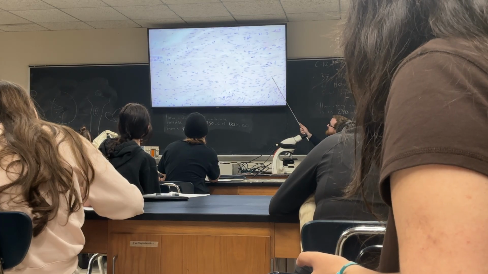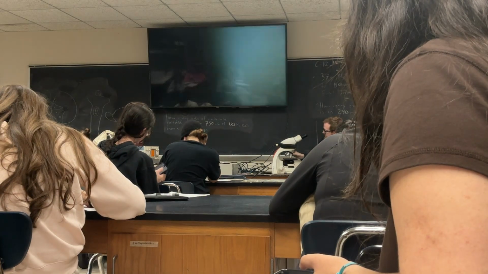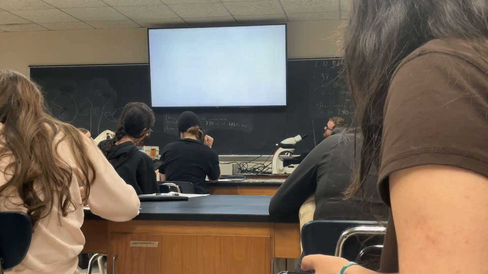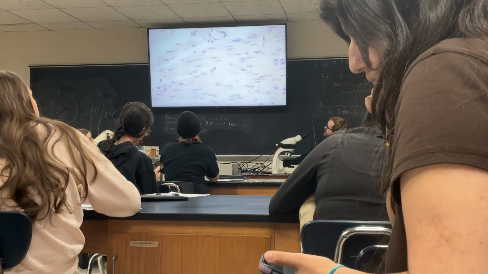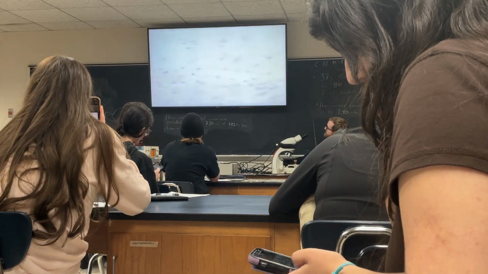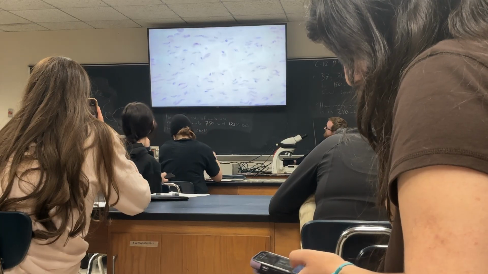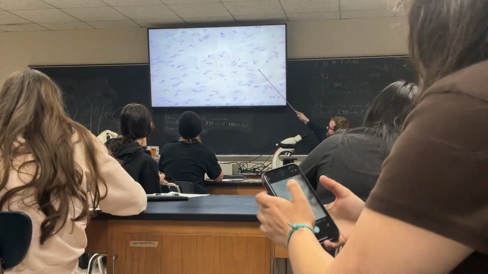So I don't really see white spaces around too many of these cells. What do you guys think? Can you see how the pink around it kind of goes with it?